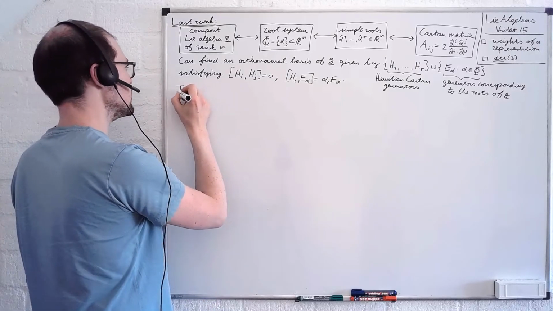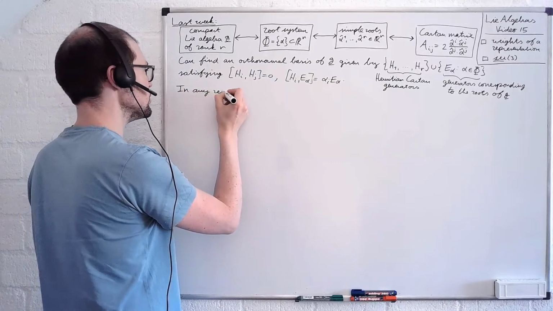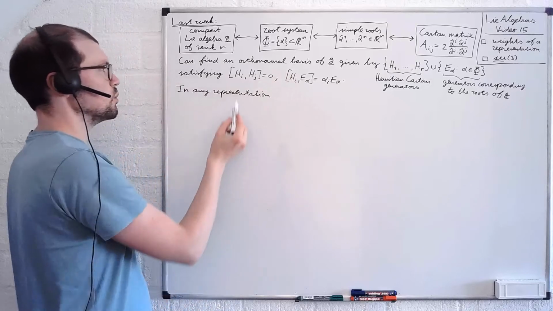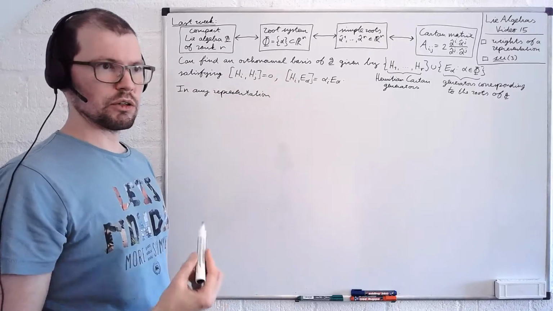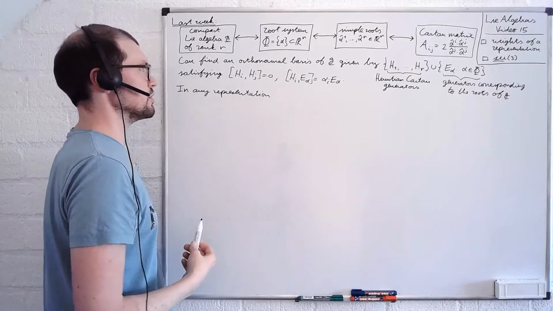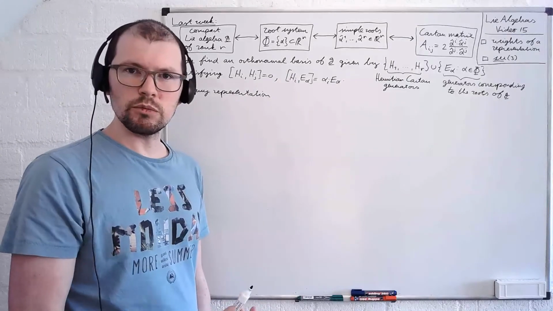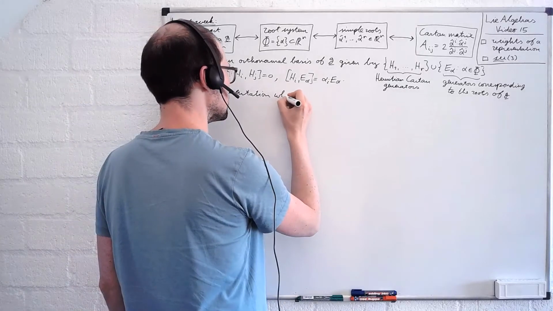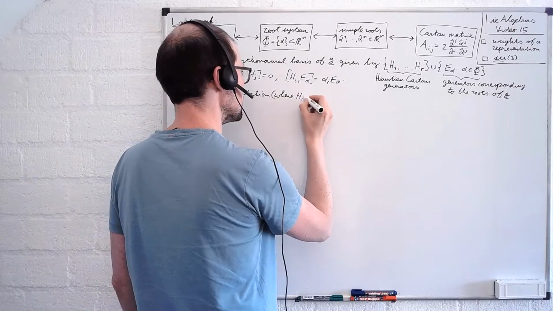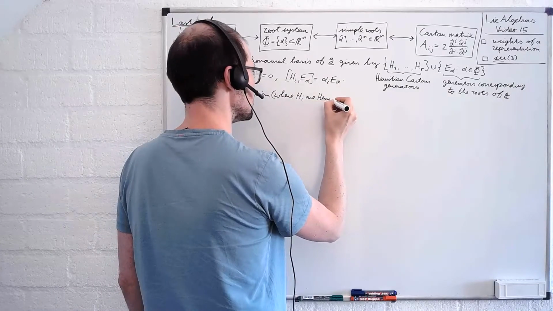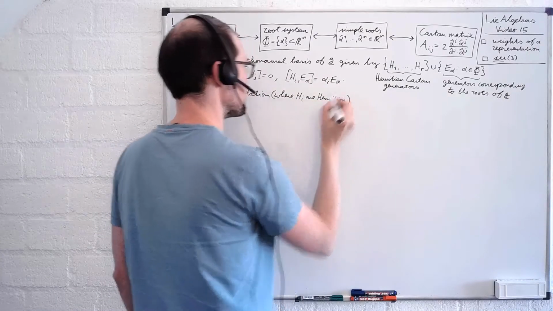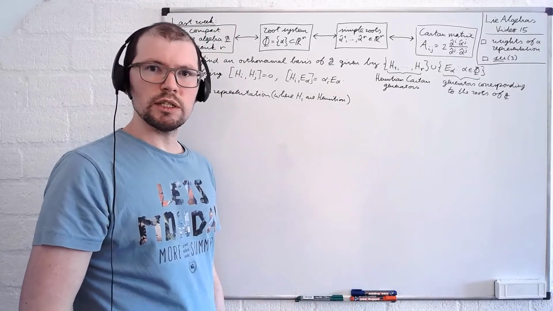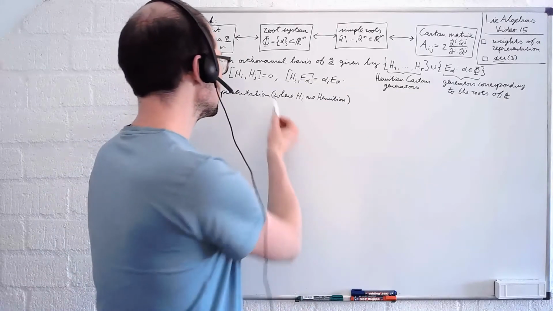So that means that in any representation, and let's say a representation in which the Cartan generators are still Hermitian, you can always use a similarity transform to make sure this is actually the case. So in any representation where H_i are Hermitian, well, they commute, so we can find a simultaneous diagonalization of these generators.